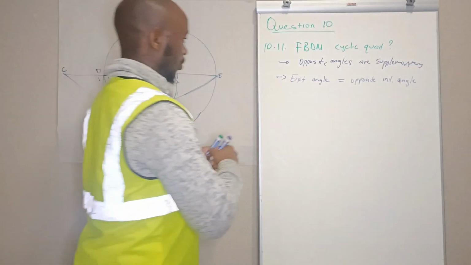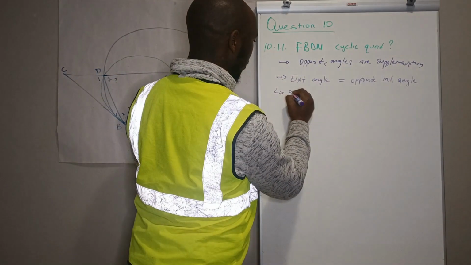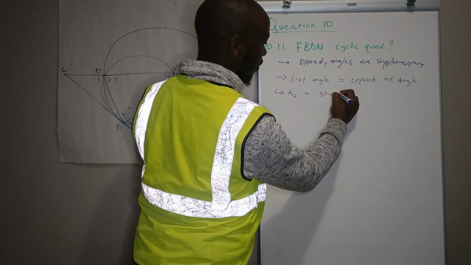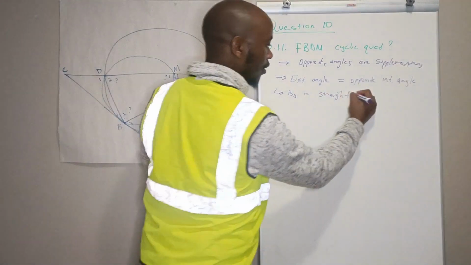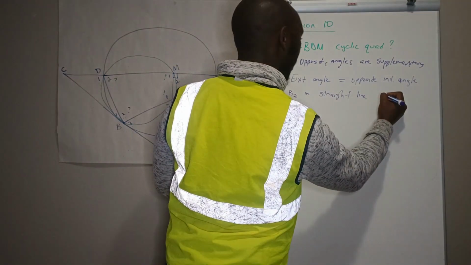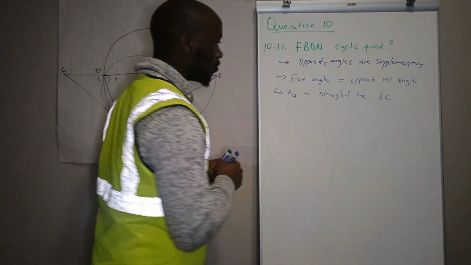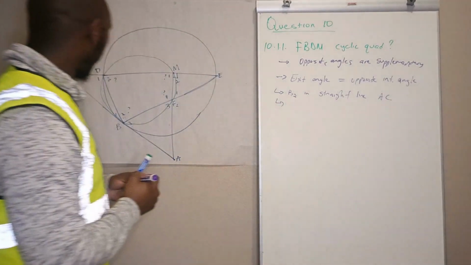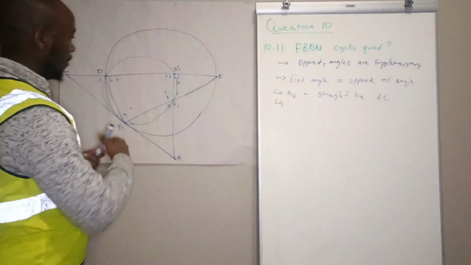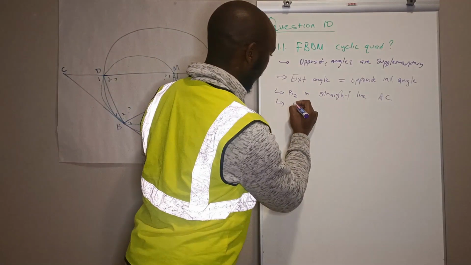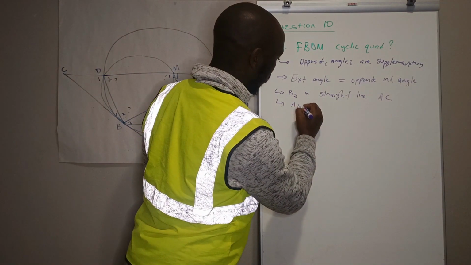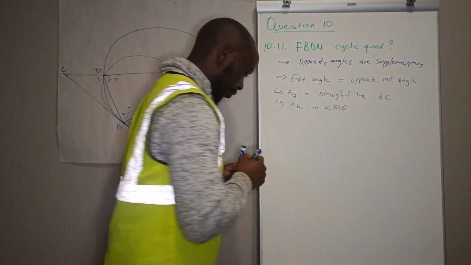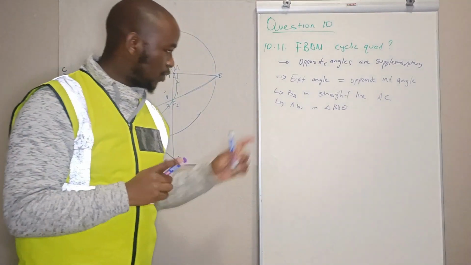So B2 is in straight line AC. It is also in triangle BDE.